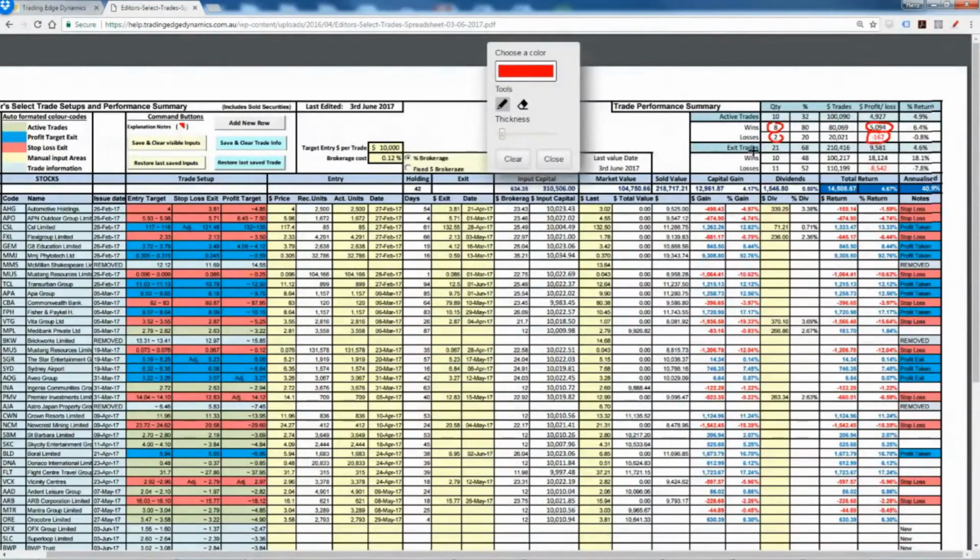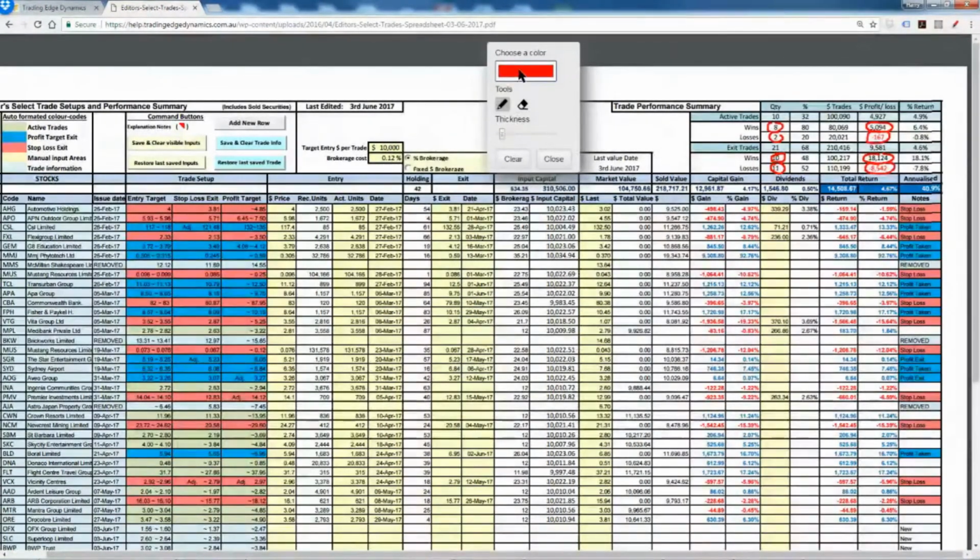If we look at the trades that we've exited, we have 10 winning trades and 11 losing trades, and the results are $18,000 for the winning trades and $8,500 for the losing trades.